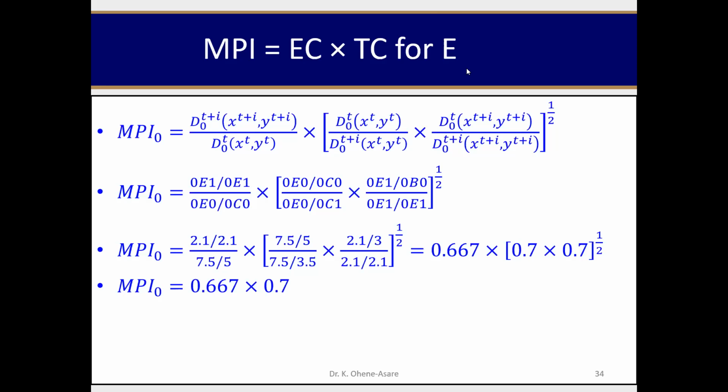The other one is what? Yes, Nathaniel. The other one is 1.429 or 1.43. 1.43. So what does that mean? It means the firm progressed by 43% due to external factors.